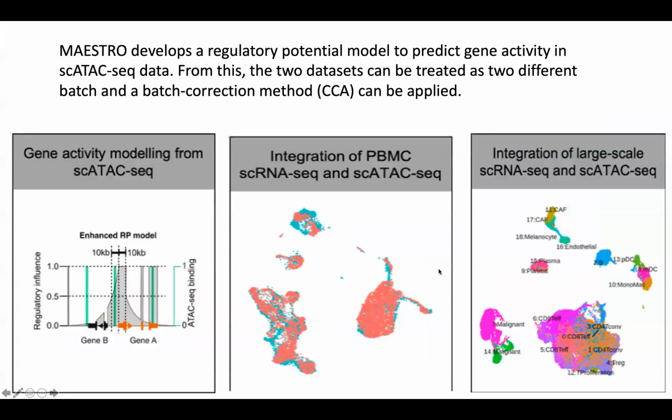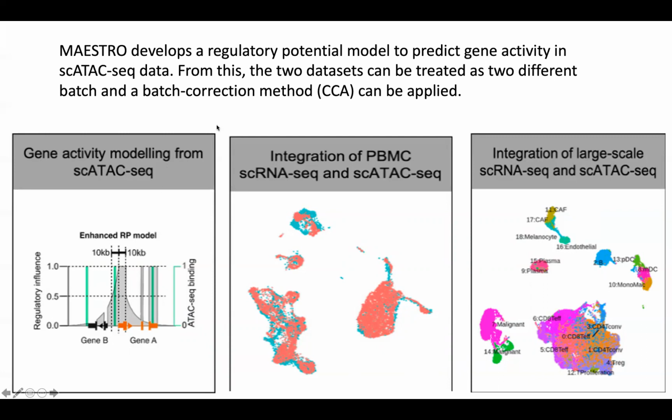What's on the left here is that from the single cell ATAC-seq, you can predict the gene activity, or whether this gene is likely to be expressed, just by looking at the open chromatin regions. Then you get a measurement for each gene, which you can treat as fake gene expression.